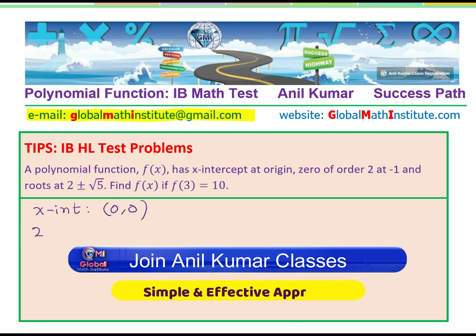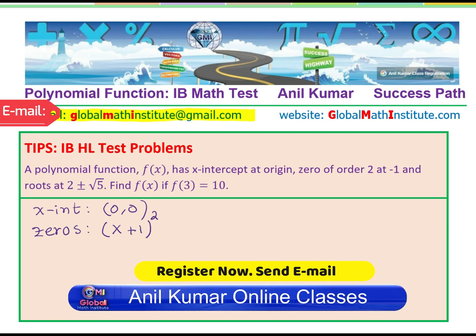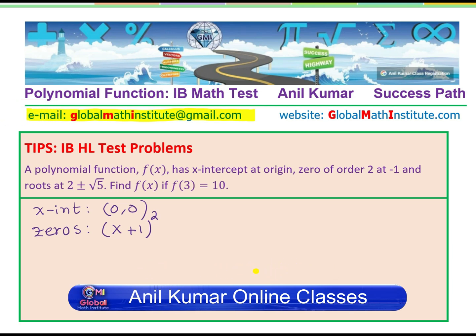When I say zero of order 2 at minus 1, it means the factor is x plus 1 and the factor will be squared, and that is how you get zero of order 2, right? And then we have roots at 2 plus minus square root 5.